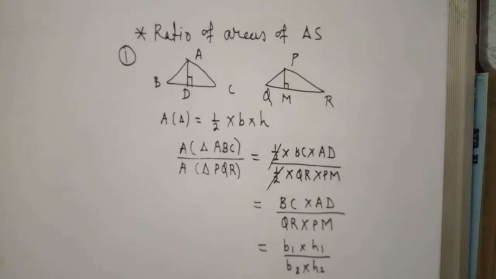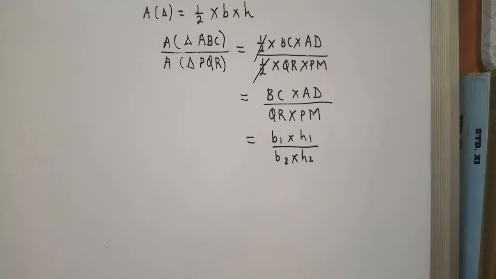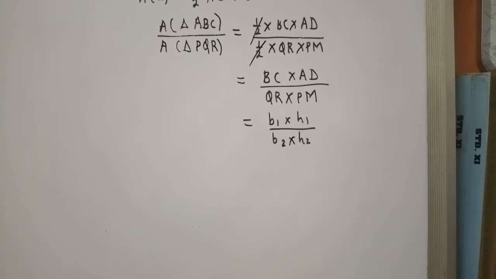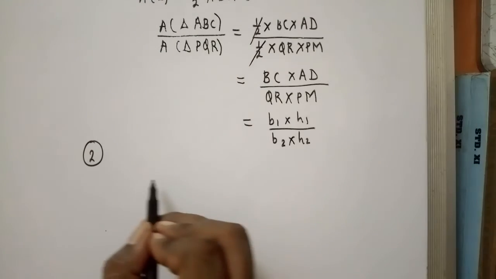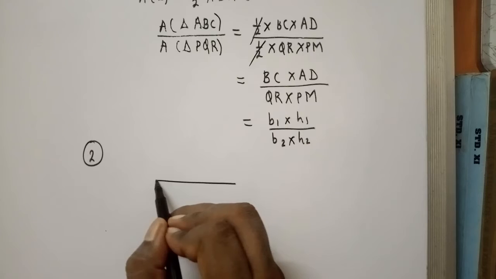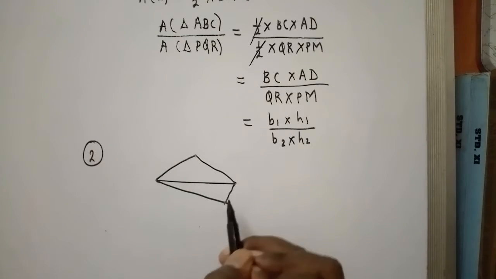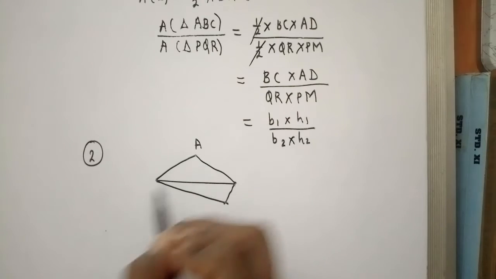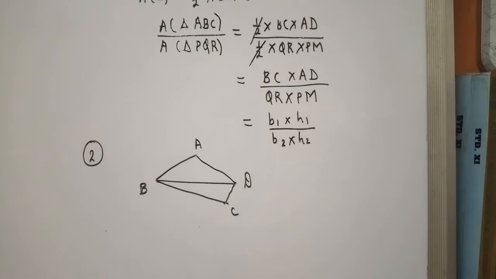What do we have in our second case? In the second case, let's take an example of again two different triangles. So this is, let's say, A, B, C, D. Here we have two triangles.